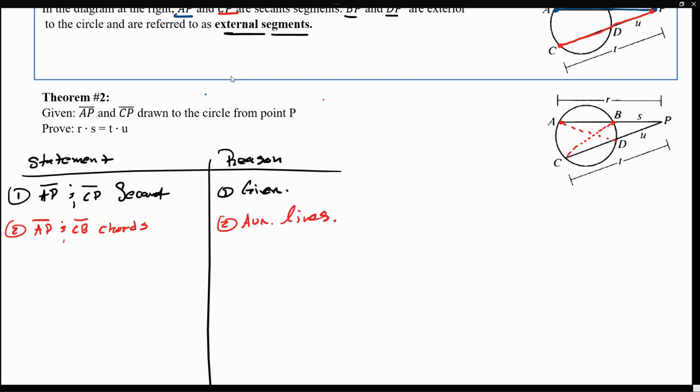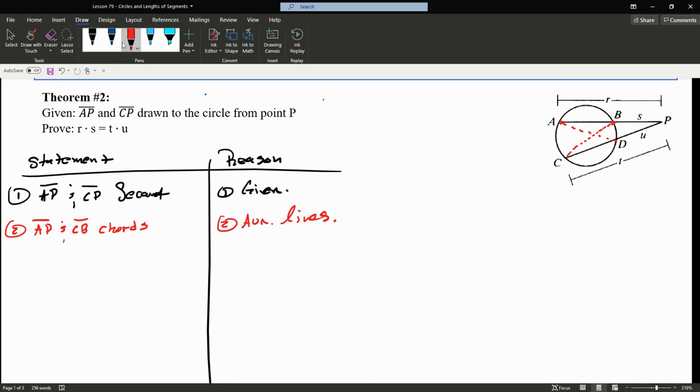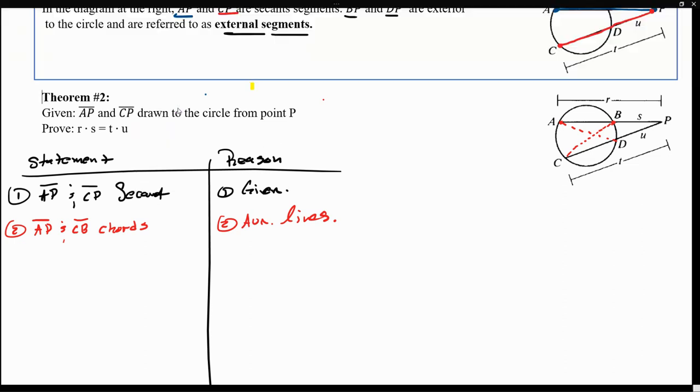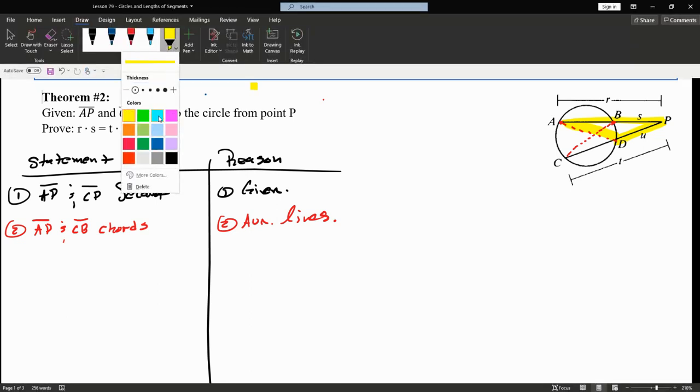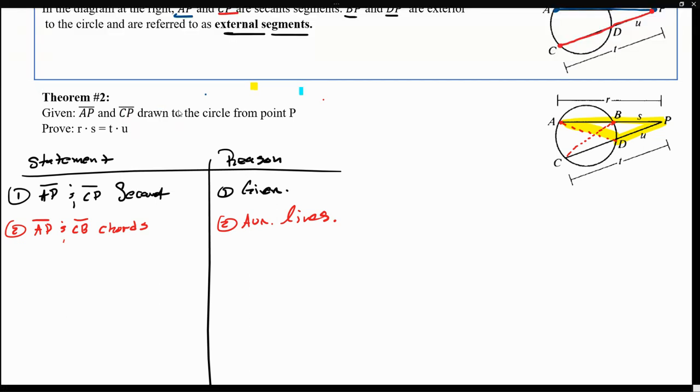Because now, by introducing those auxiliary lines, notice that I have created two triangles. I have the triangle APD, so I can think of this as if it was just a triangle. And also, in addition to that, I also have the triangle BCP.